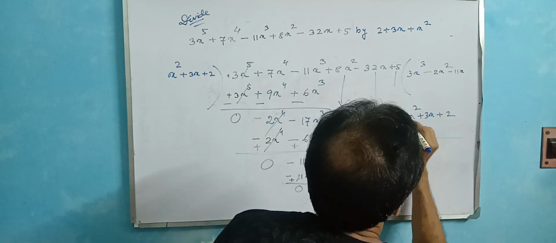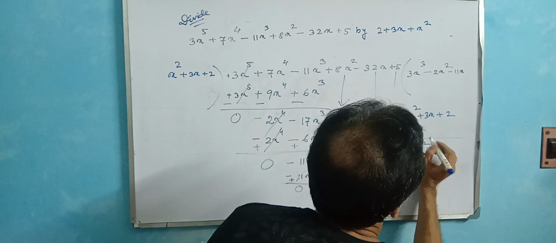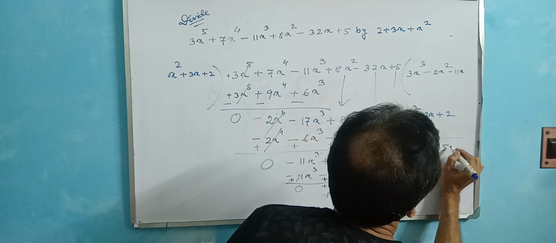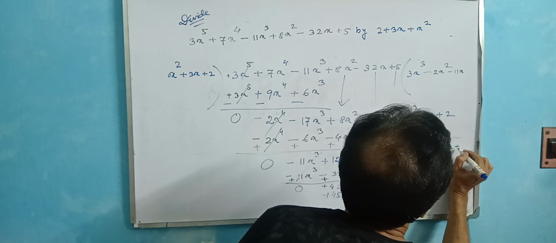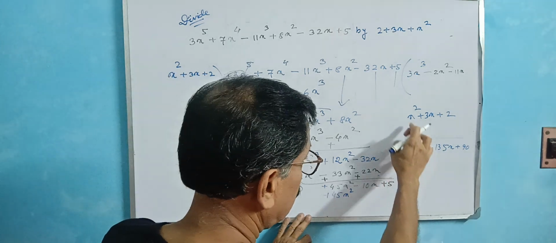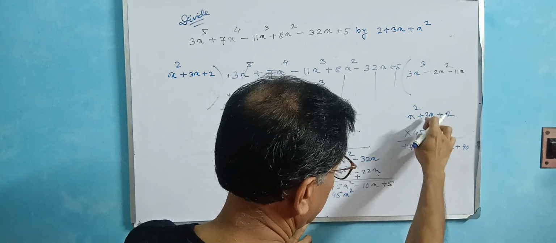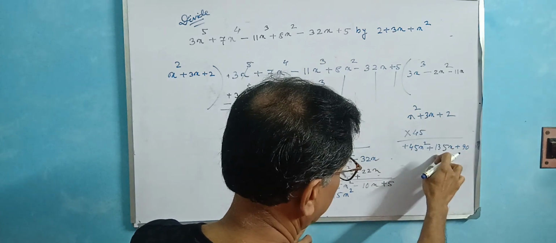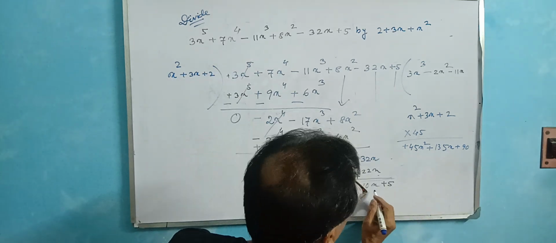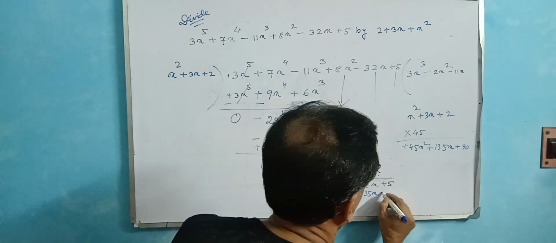So here is plus 45x square. This is 45 into 3, that is 135x, and this is 45 into 2, that is 90. Clear? So this is plus 45x square, plus 135x, plus 90.